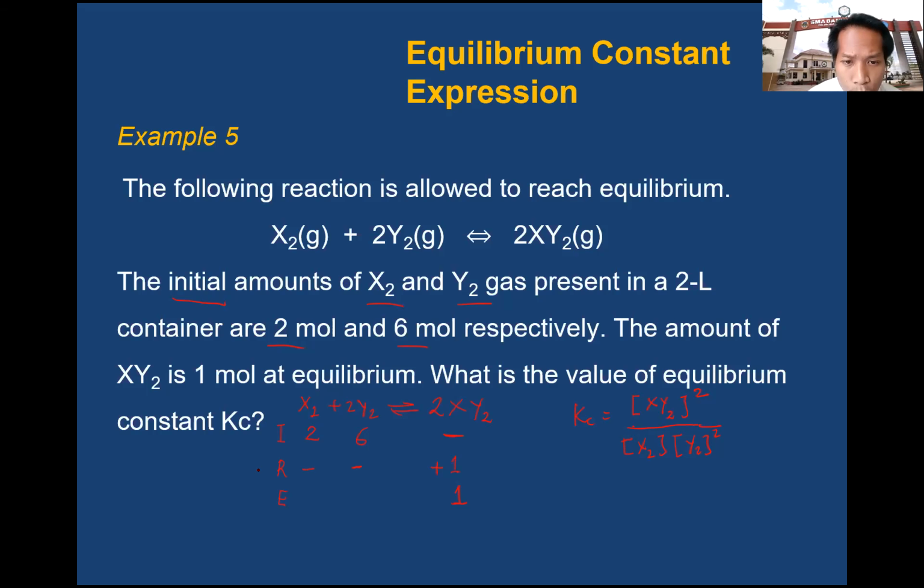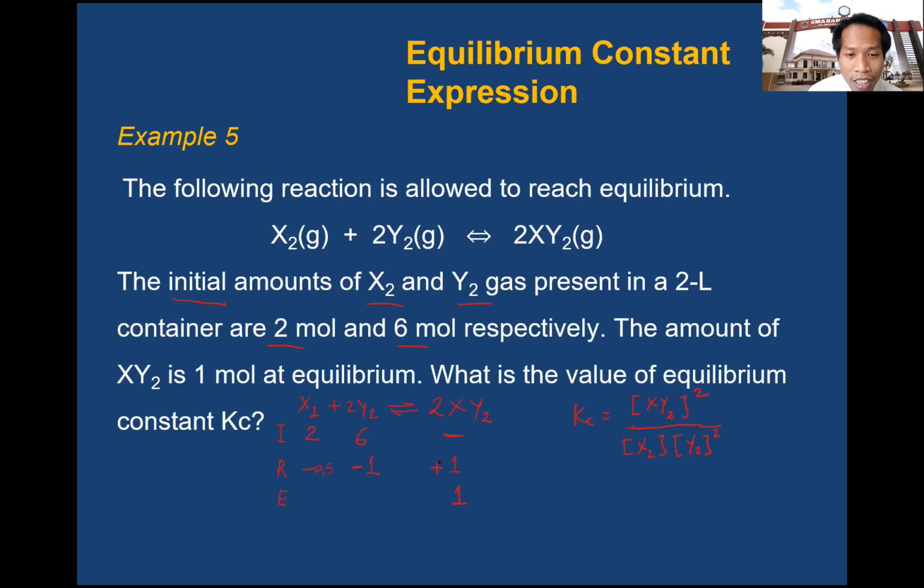The ratio of the reaction will be equal to the ratio of the coefficients. So if it is 1 here, Y2 also will be 1, but now it is minus 1. And X2 must be 0.5, because the ratio is 2 to 1, so 1, 1, 0.5.